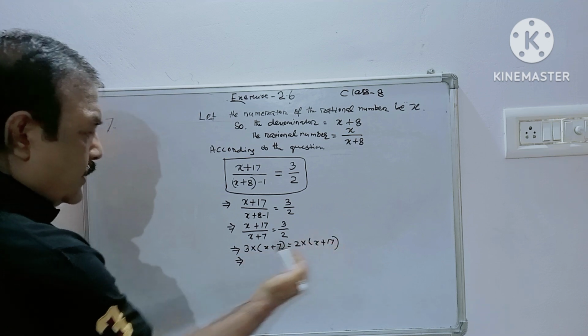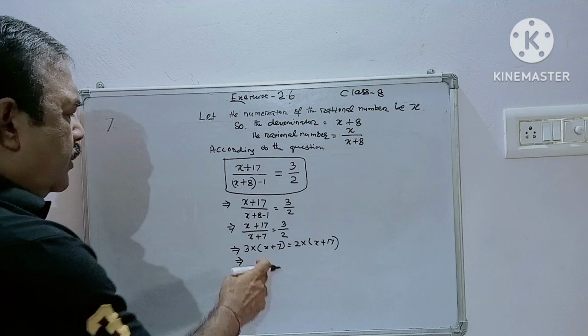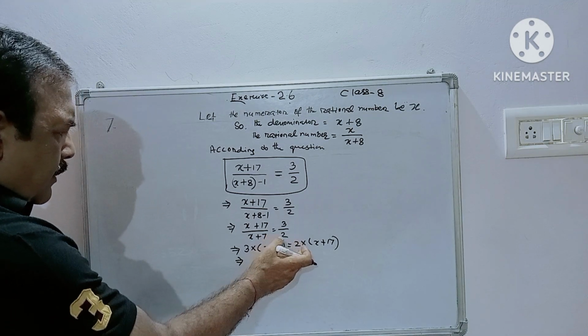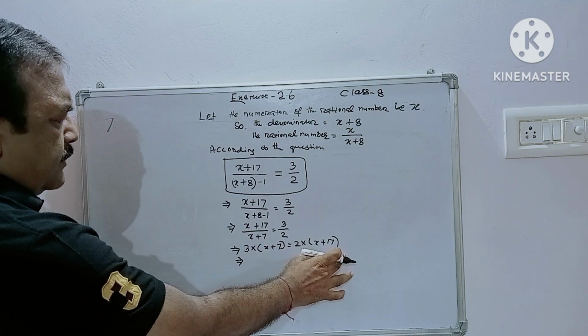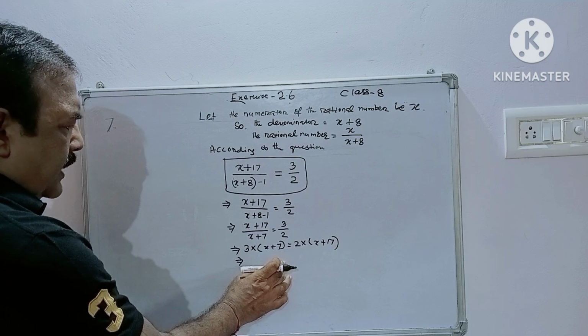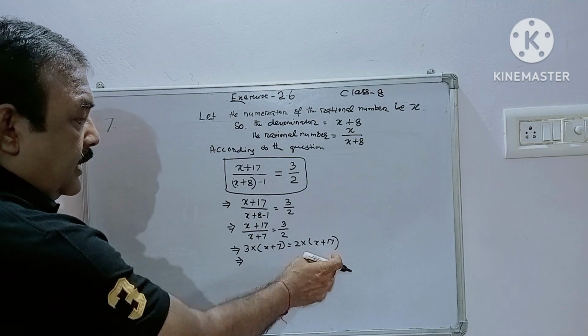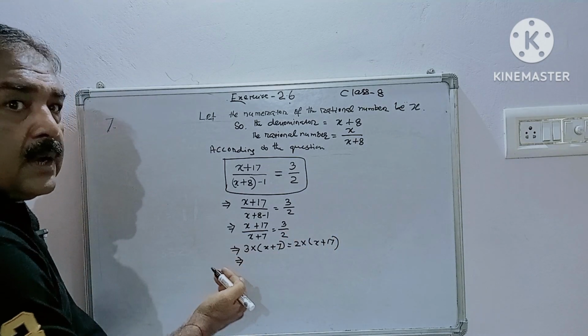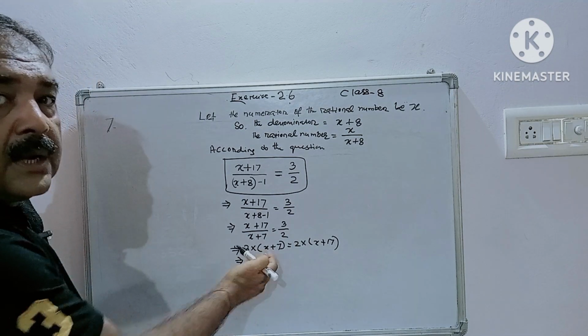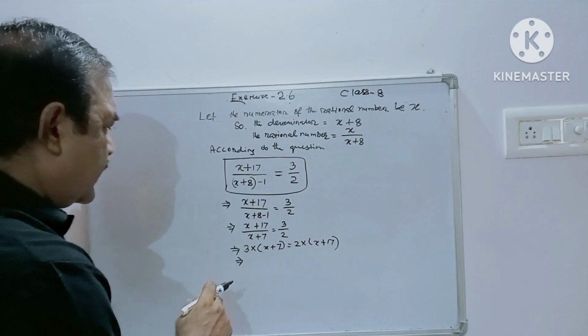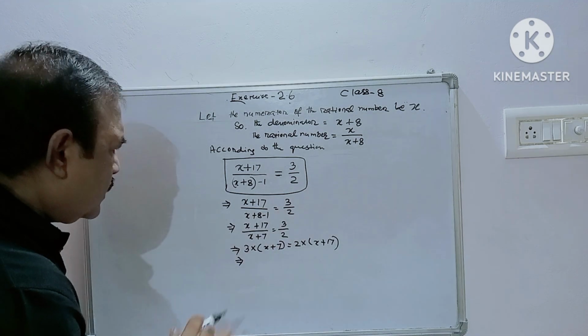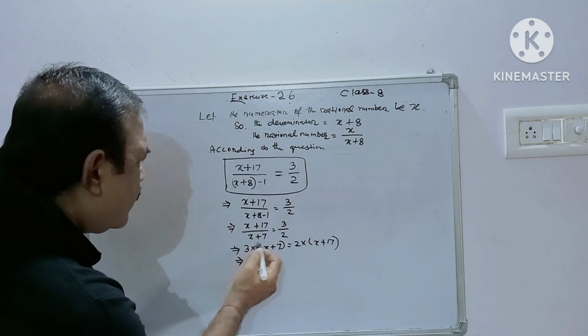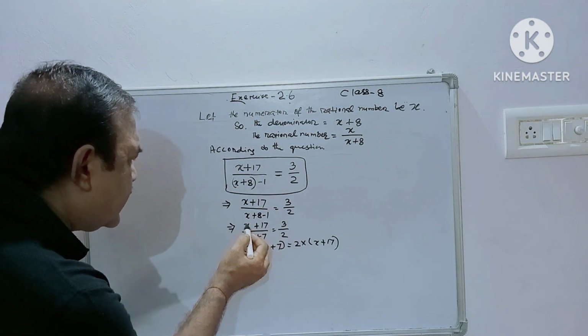So we will solve this way. Here it is 3x, here it is 2x.